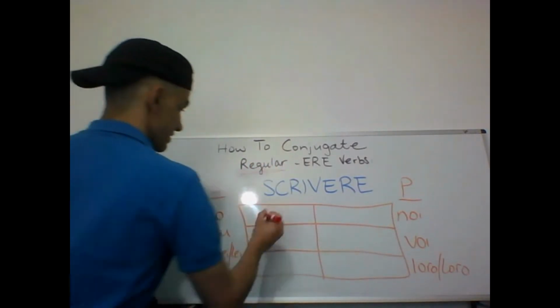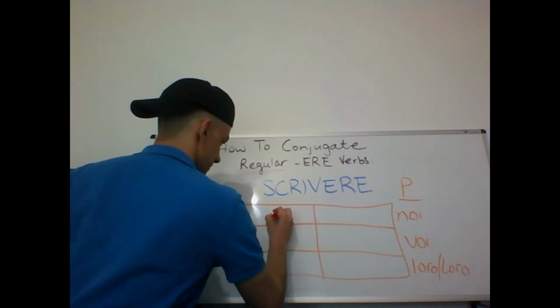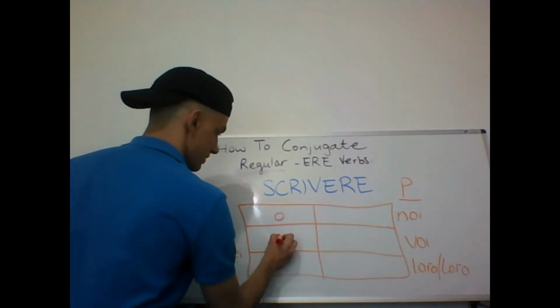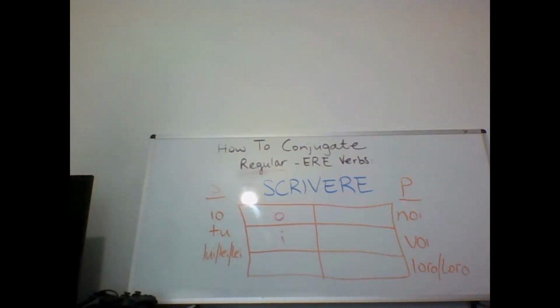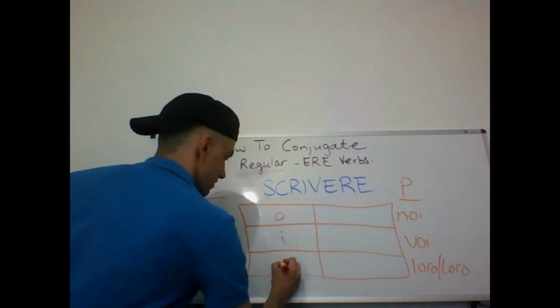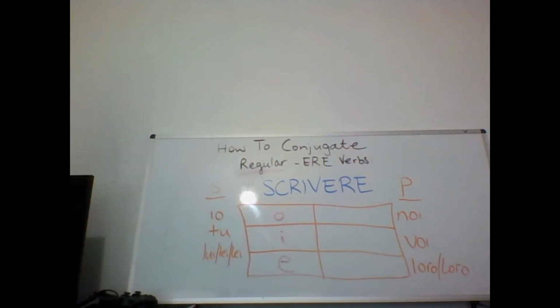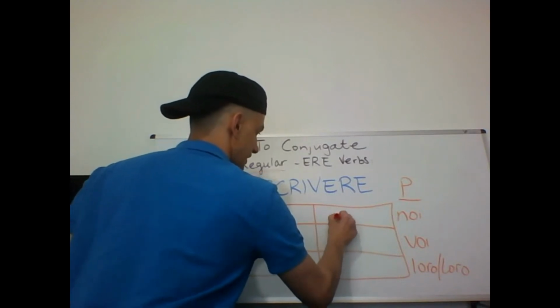Io is going to end in an O. The tu is going to end in an I. Lui, lei will end in an E. Noi will end in iamo.